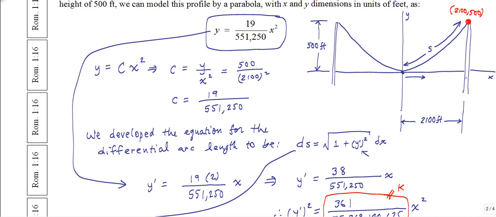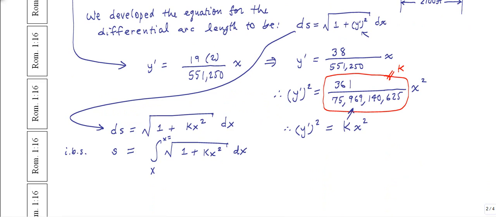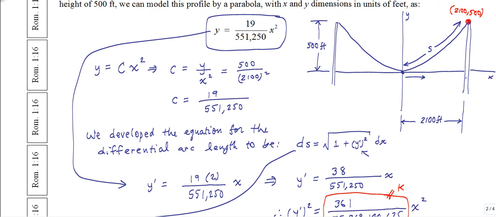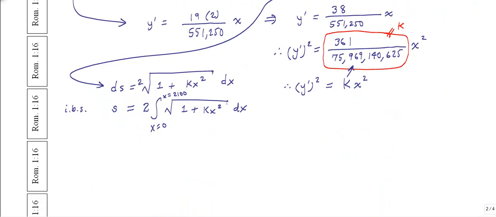And once I find that, by symmetry, I'm going to double it and find the entire arc length. So to do that, that means I'm going to let x start at 0 and go out to 2100 feet. But in order to do that, then I'm going to multiply this by 2 and that by 2. So I'm going to double that to indicate that really this is, in fact, s over 2. Okay? So the entire thing is what I'm really interested in, which we'll call s.